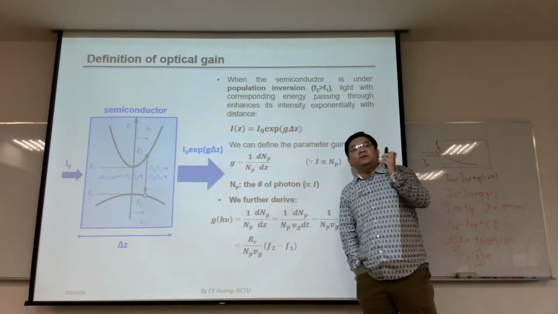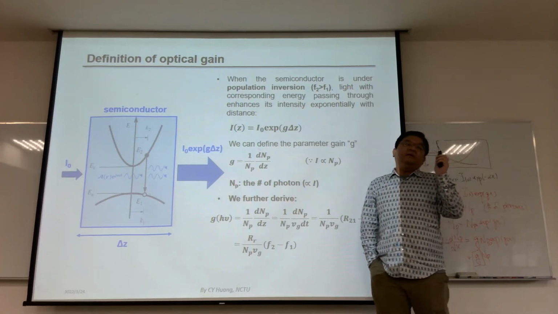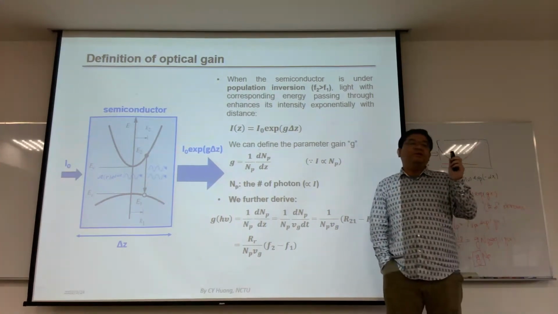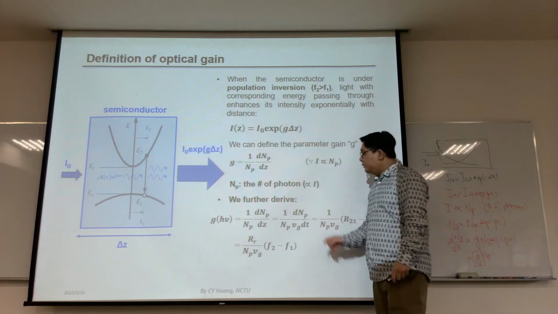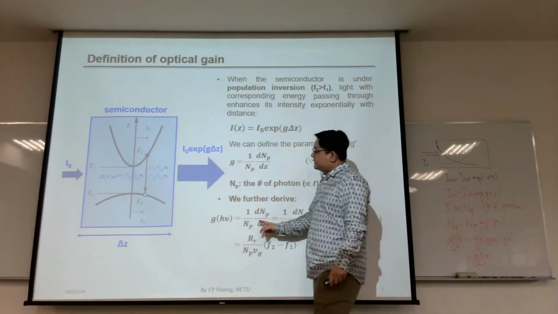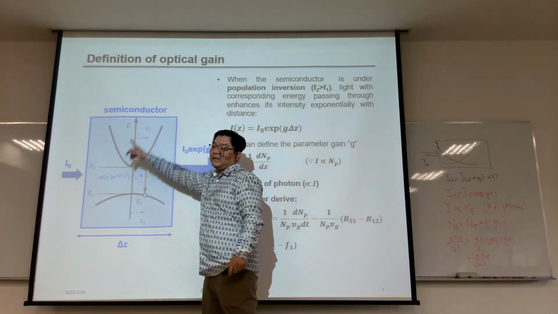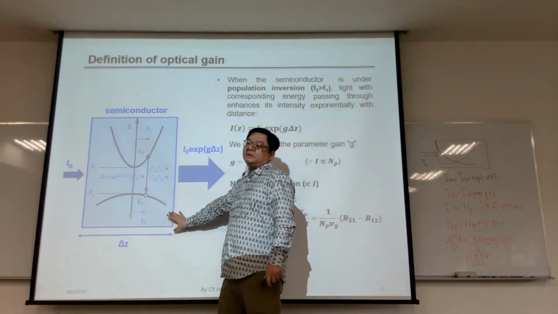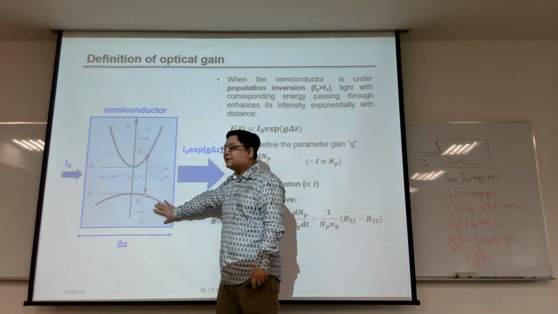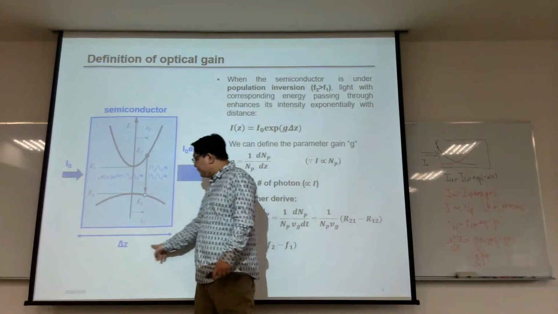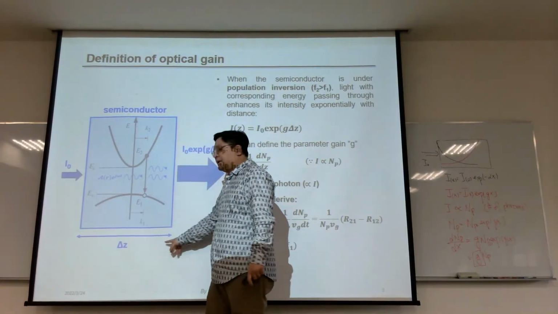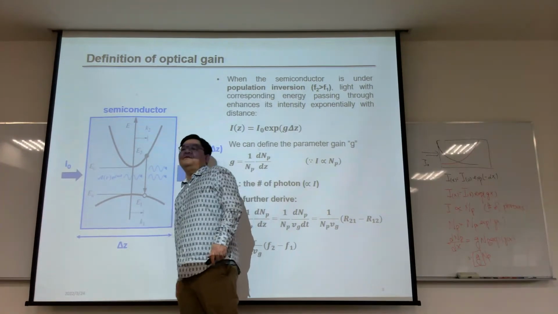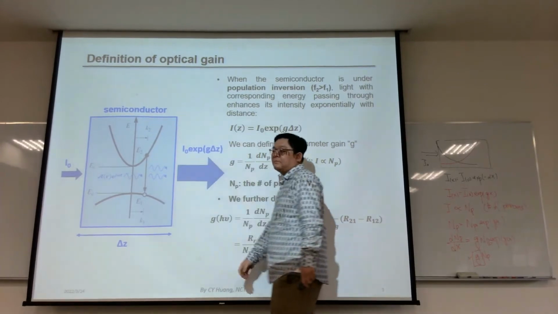And we learned the optical transition in terms of time. So we can imagine a piece of semiconductor under excitation, and this small piece has a distance of delta d.